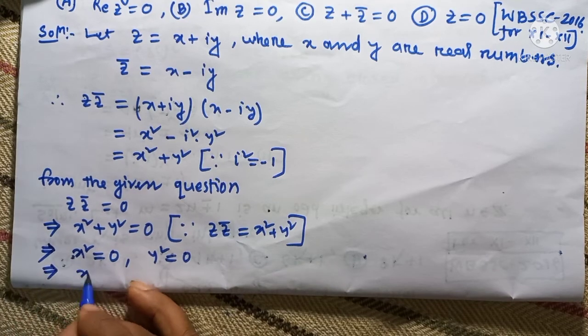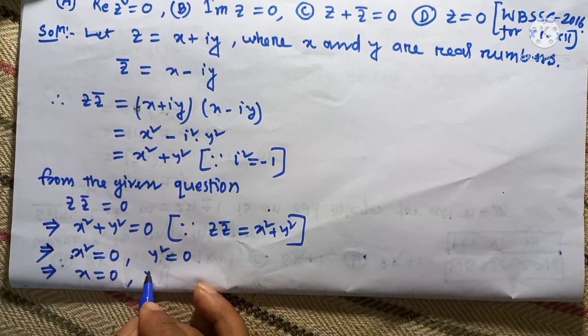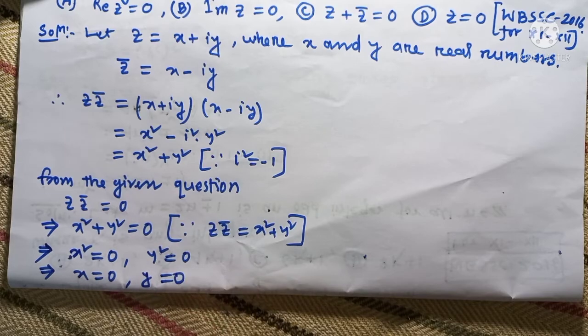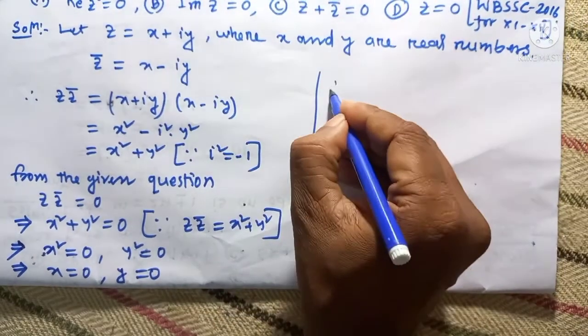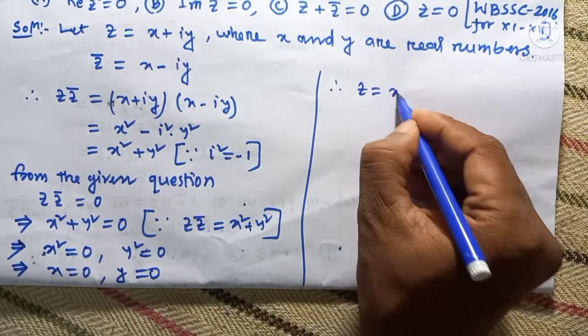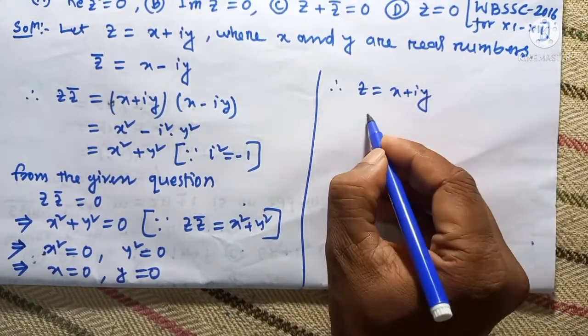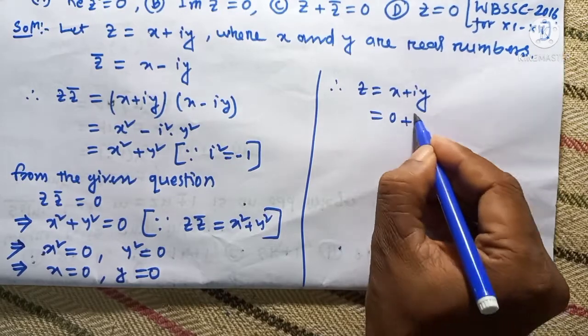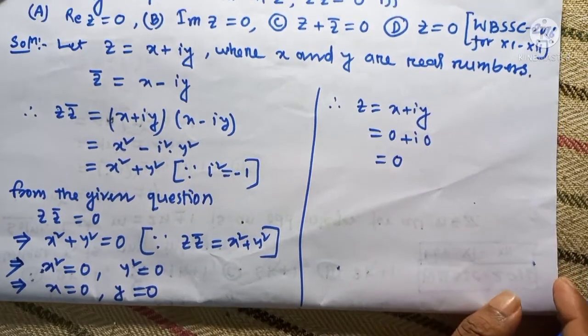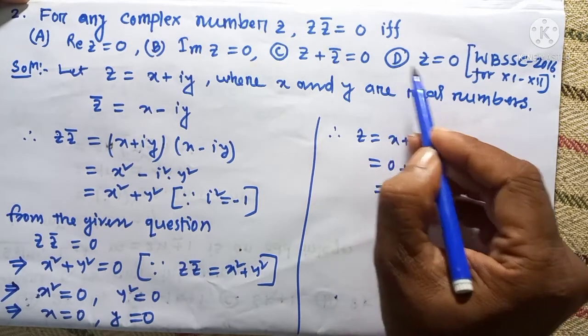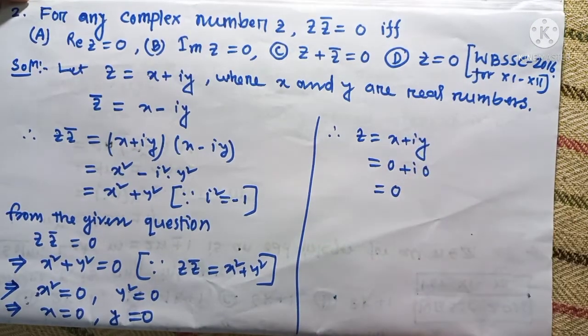This implies x equal to 0, y equal to 0. Therefore z equal to x plus iy equal to 0 plus i into 0 equal to 0. Therefore the correct answer is option D, z equal to 0.